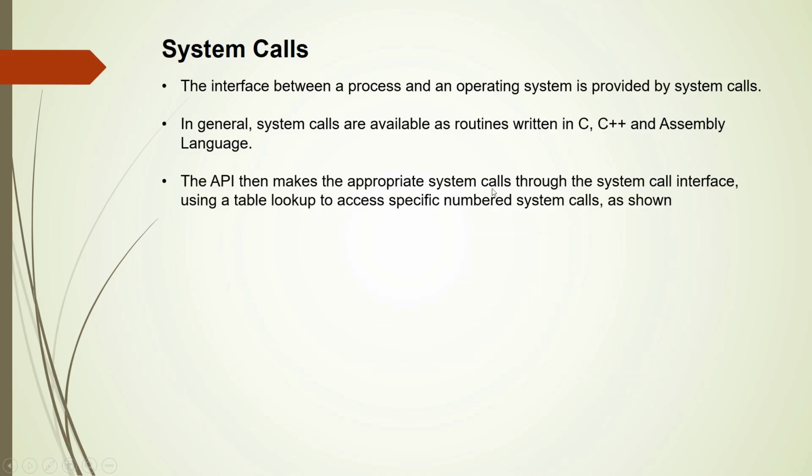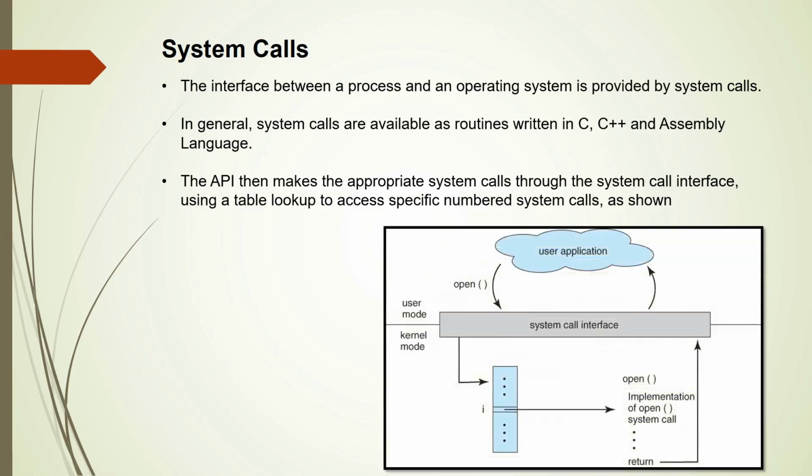As I have just mentioned in the previous slide, the read function will be calling the system call and thus will be able to access the functionalities, which are much more complex and hidden from the user. So we can see how it is being done with this particular example.